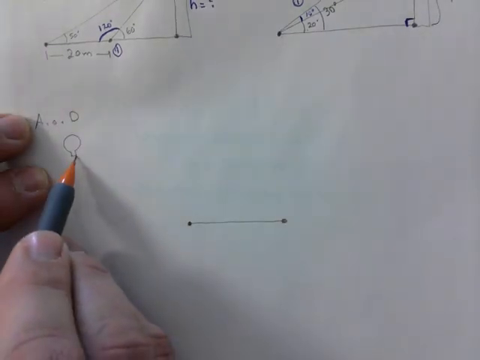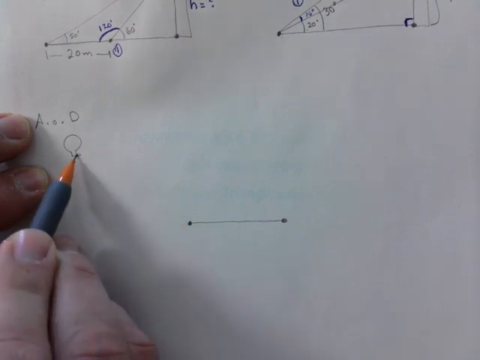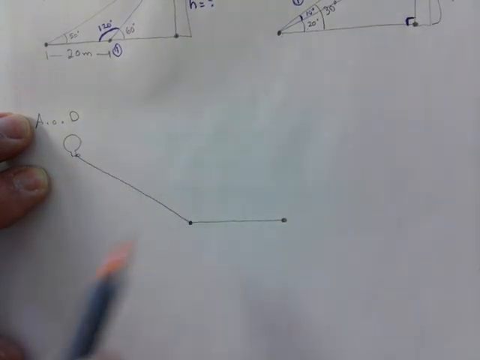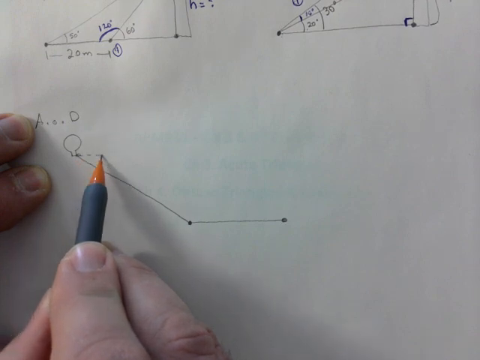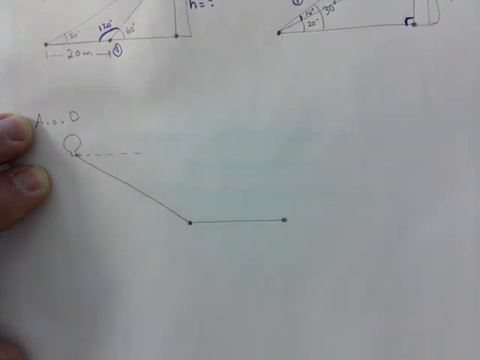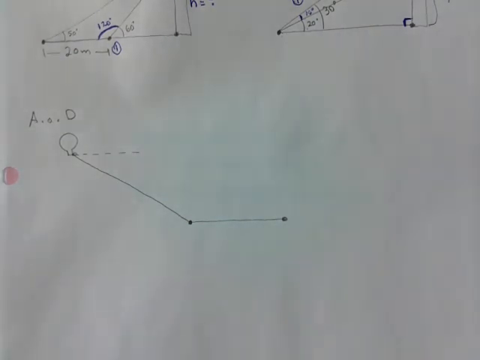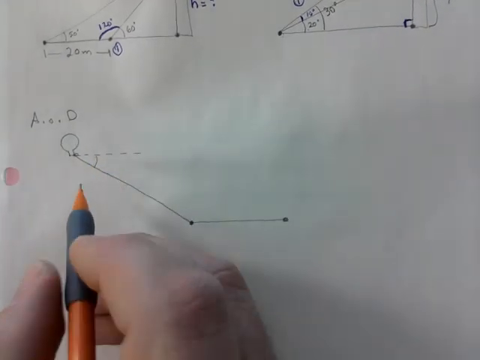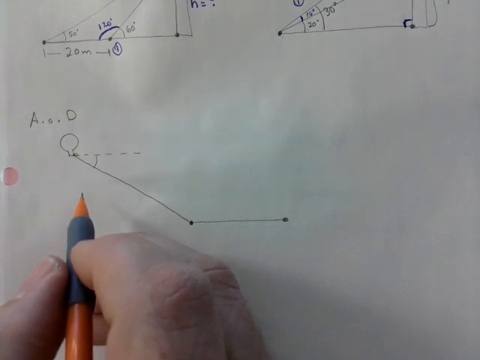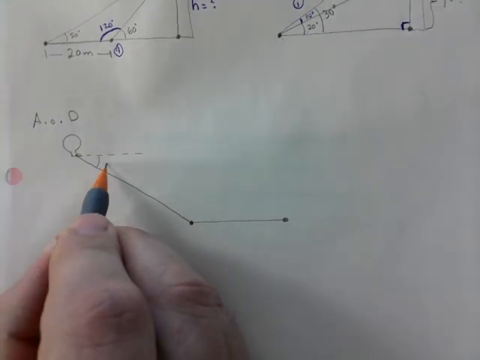But let's say there's an angle of depression to the first one. So let's just make a line going straight to that one. If angle of depression is mentioned, folks, you got to make one of these. You got to make a horizontal line, and then, in my example, I have 25 degrees.